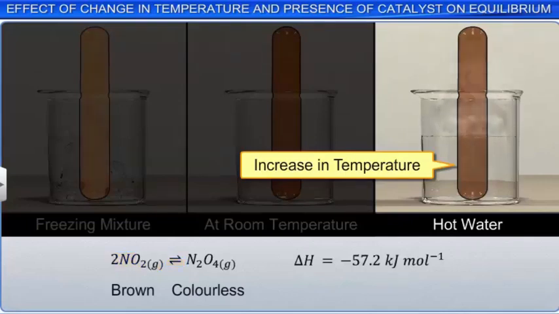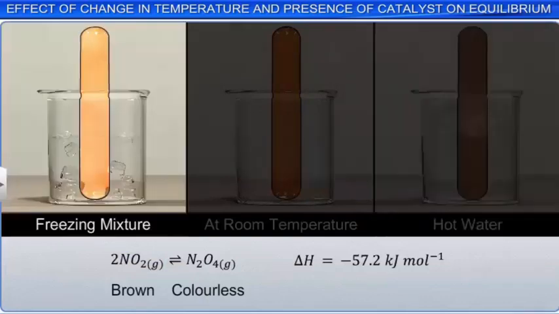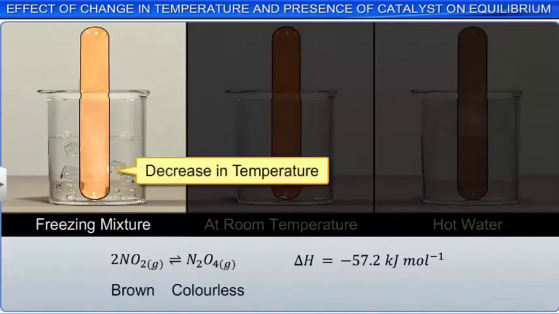This is why you see that the brown color intensified in that tube. Lowering the temperature for an exothermic reaction favors the forward reaction. Hence, when the tube is placed in a freezing mixture, the forward reaction of NO2 dimerizing into N2O4 is favored. That is the reason why you see the tube turning pale.